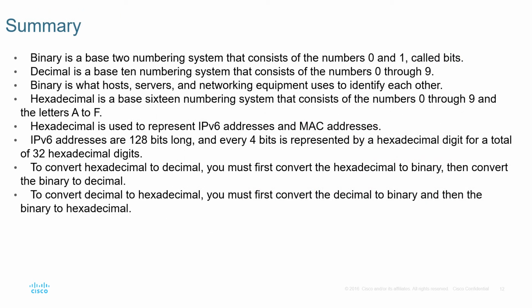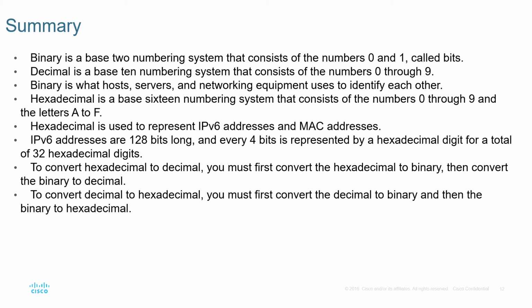To summarize, binary is a base 2 numbering system that consists of the numbers 0 and 1 called bits. Decimal is a base 10 numbering system that consists of the numbers 0 through 9. Binary is what hosts, servers, and networking equipment use to identify each other. Hexadecimal is a base 16 numbering system that consists of the numbers 0 through 9 and the letters A to F. Hexadecimal is used to represent IPv6 addresses and MAC addresses.